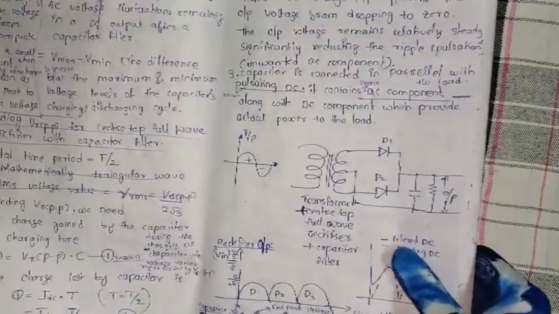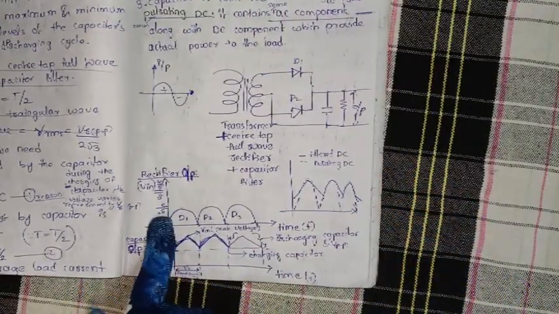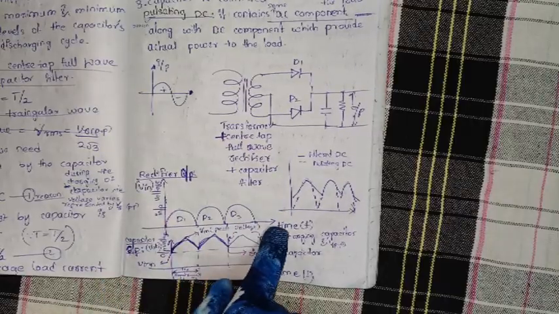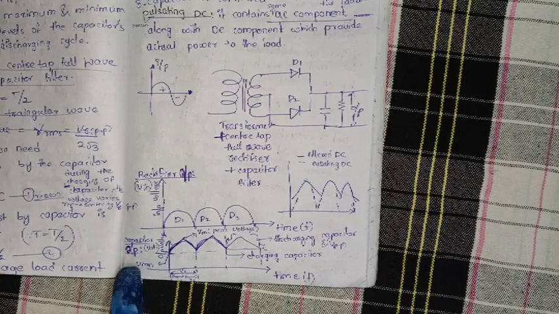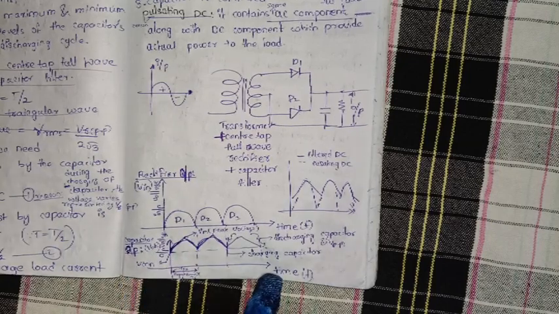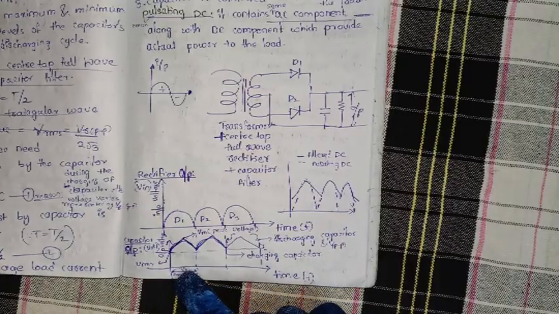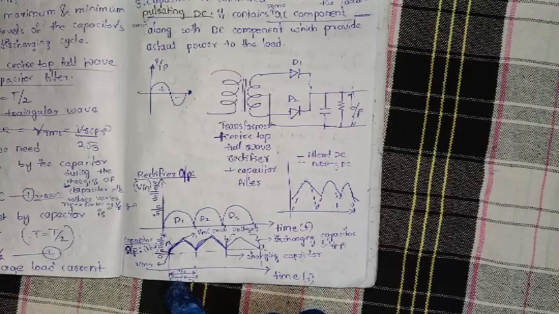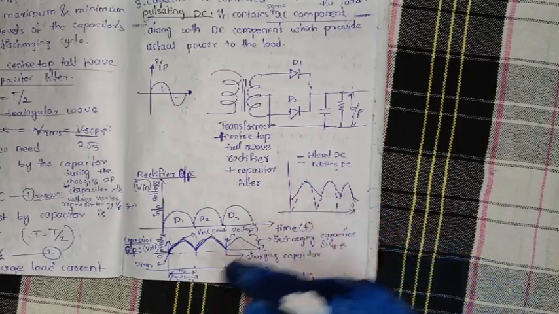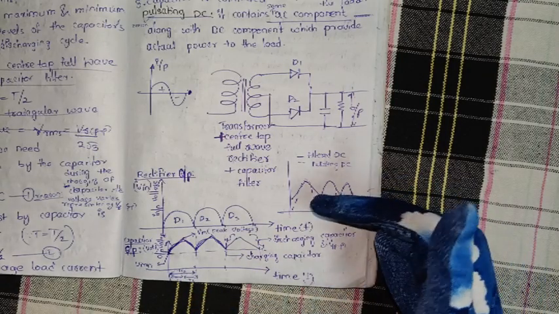Here I have shown the graph between input voltage and time, and here also output voltage and time. Here the time period is T by 2 for half cycle, and for charging and discharging T1 and T2 respectively.